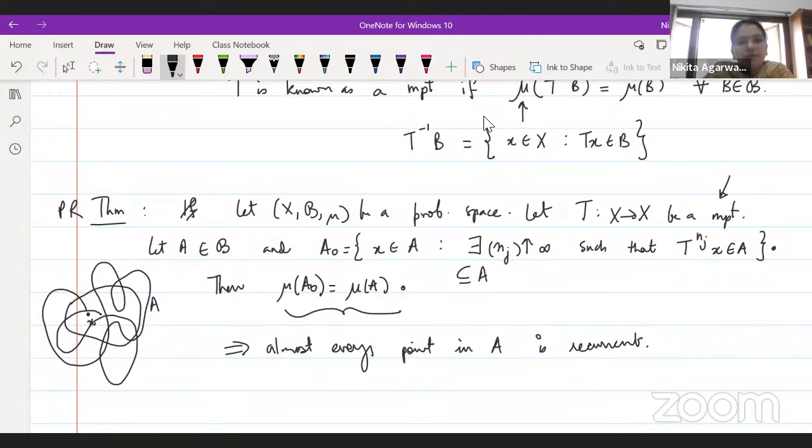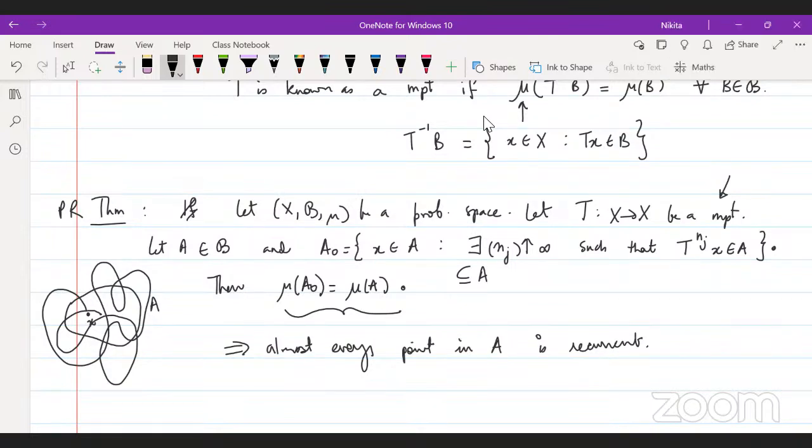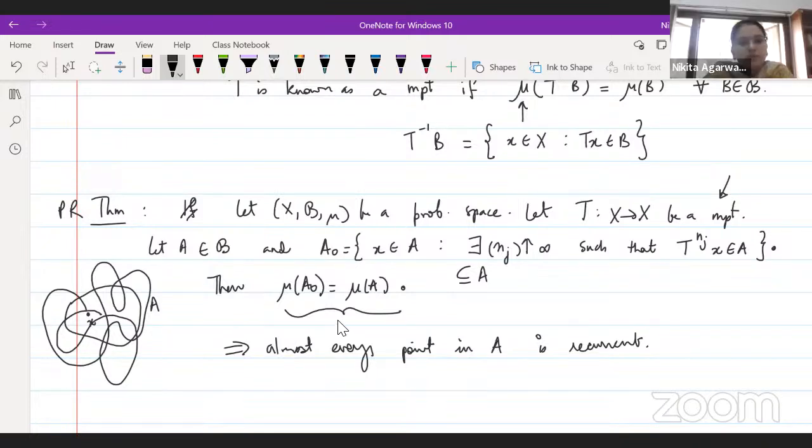Subhamoy, you have a question? Yeah, ma'am. I have a question. I don't understand why A naught is a non-empty set. Okay, so see, recurrence in some sense comes immediately. So you can write A naught in a certain way, in the following sense.